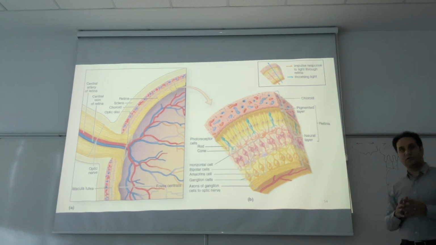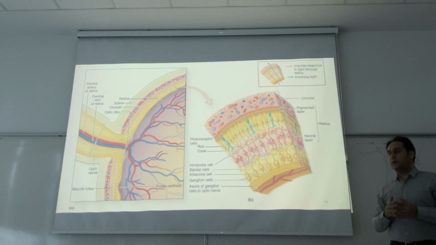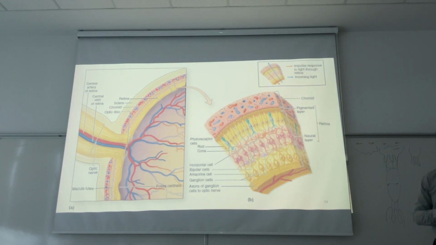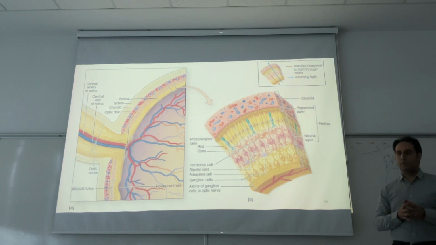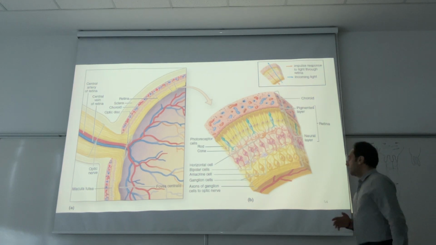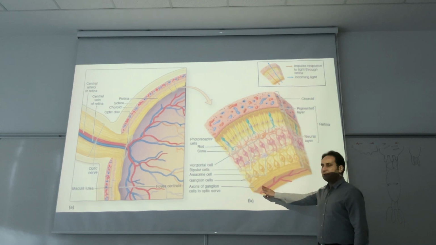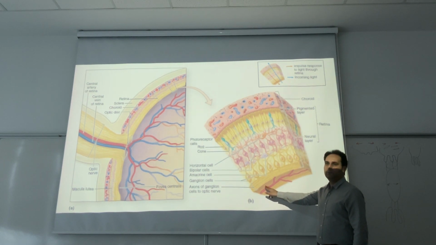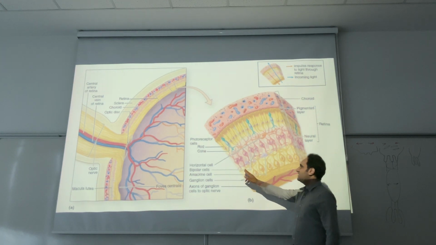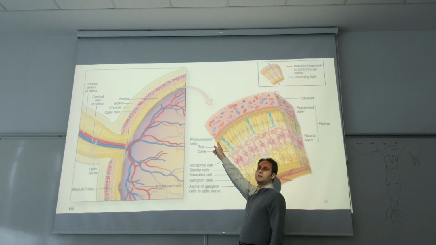The location of these cells and the interaction of these cells with each other is very important. This part is the end piece of the retina, or innermost layer of retina. And this part is our outermost layer.